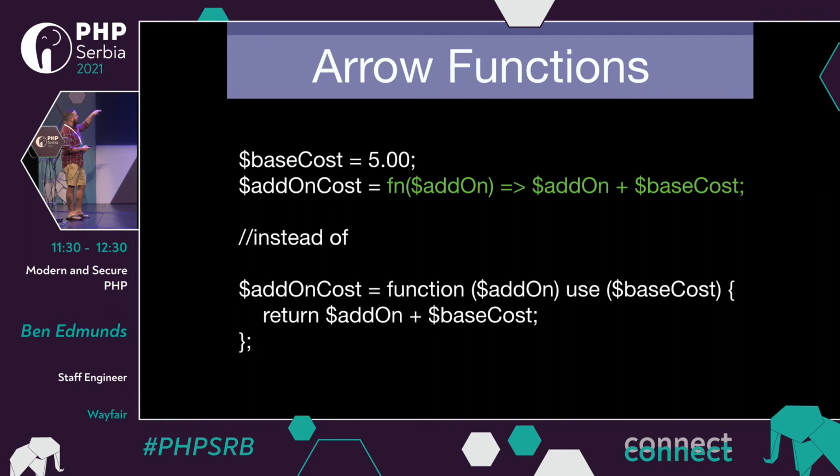So we're saying add-on cost is a function that just adds the base and the add-on. Note that we're using that base cost without a use statement or anything to pass that in. We have access to the parent scope straight from that function. The old way, we would have to write a function that has a use to use the base cost. So it's just a shorthand way to define that.